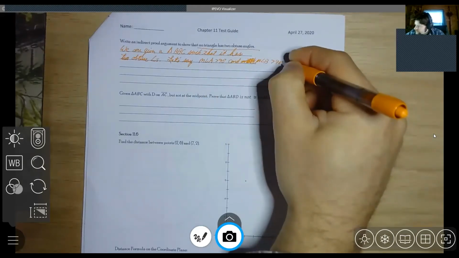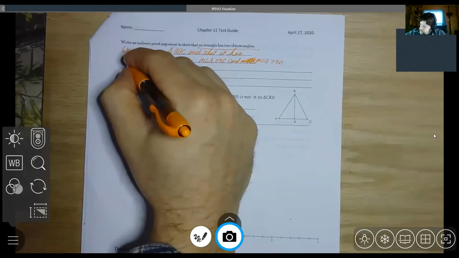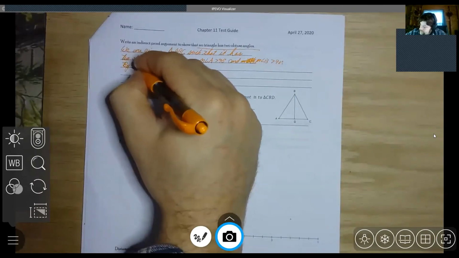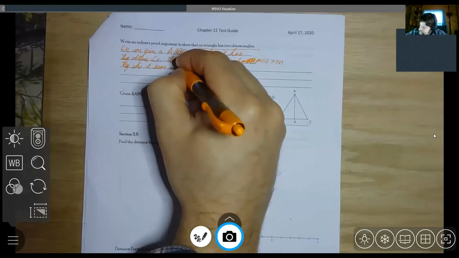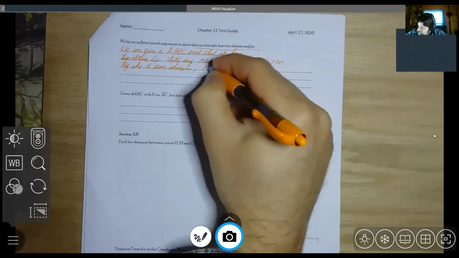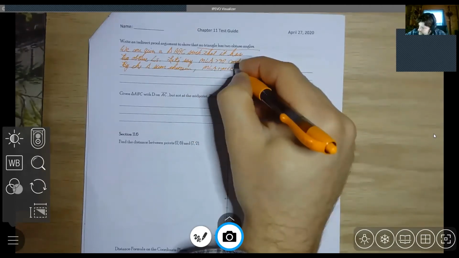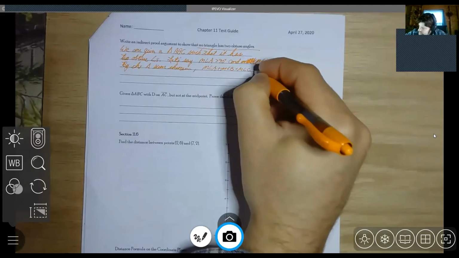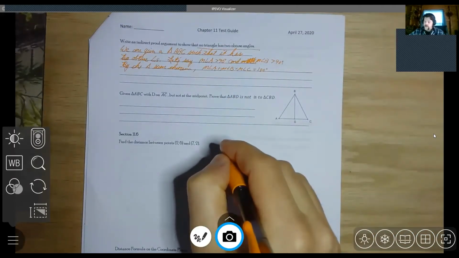Then we're going to say, by the triangle sum theorem, the measure of angle A plus the measure of angle B plus the measure of angle C must equal 180 degrees, right?